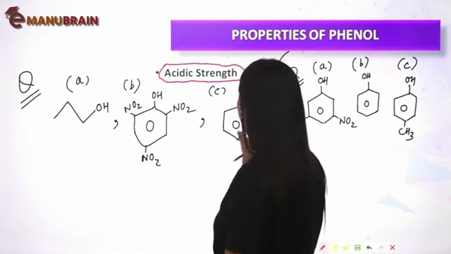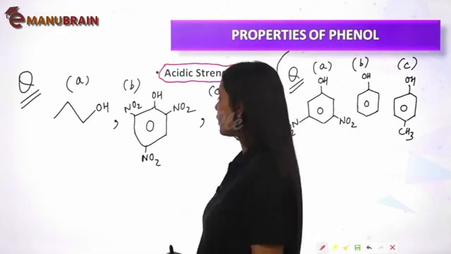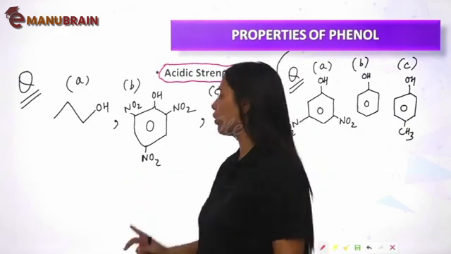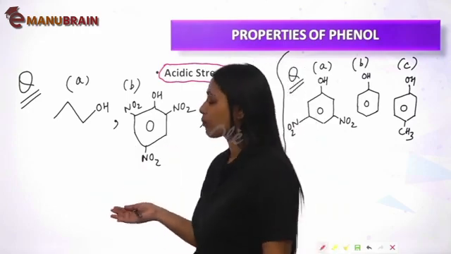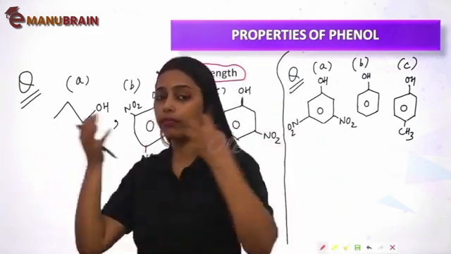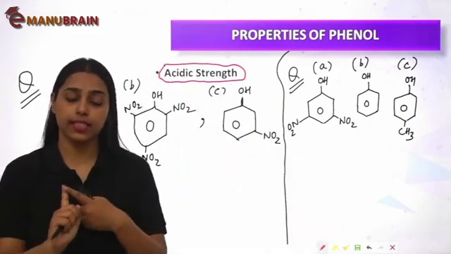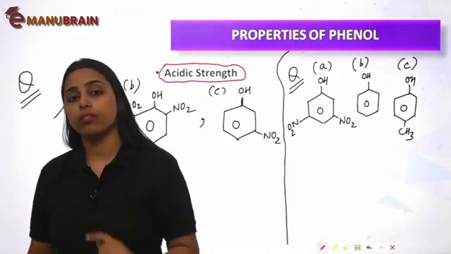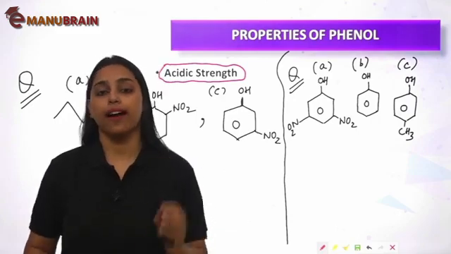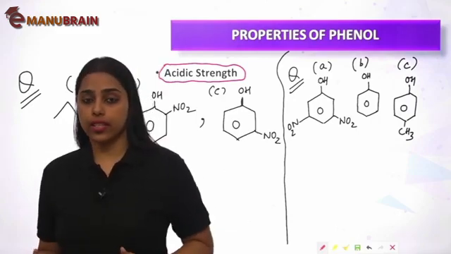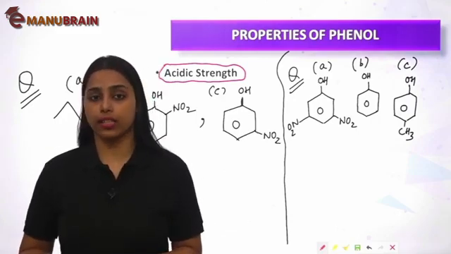So on comparing, you have seen we have one aliphatic alcohol and two phenols, that is aromatic alcohols, given to us. So when you compare alcohol and phenols, we have discussed that phenols are always more acidic than alcohols. Why? Because they are capable of undergoing resonance, delocalization of pi electrons takes place.